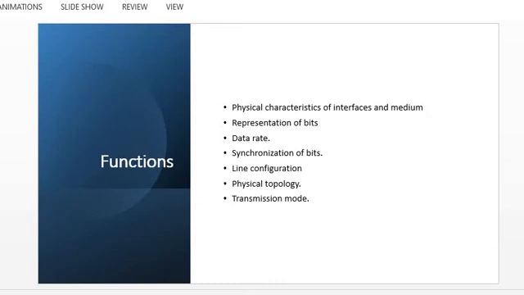And the physical layer has various functions, which include the representation of bits on the physical medium. So the physical layer data consists of a stream of bits, which is what?